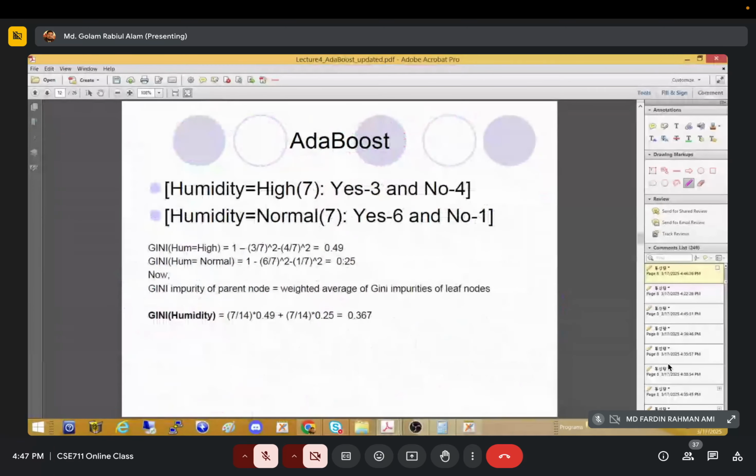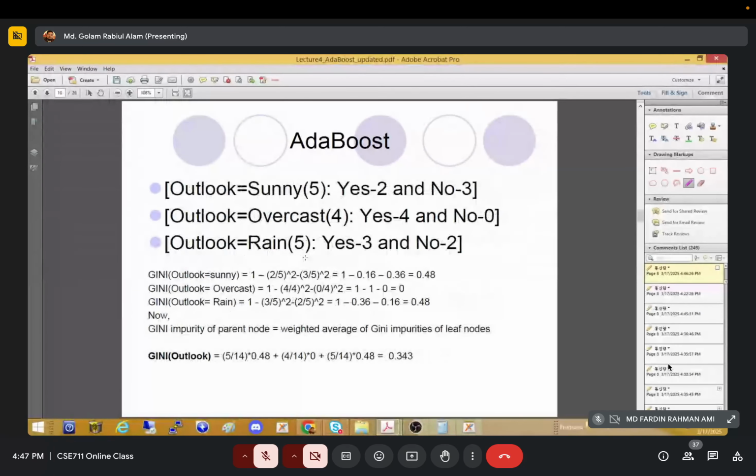That's why I have already calculated those things for you. No need to show it in detail, as I have already shown the outlook.